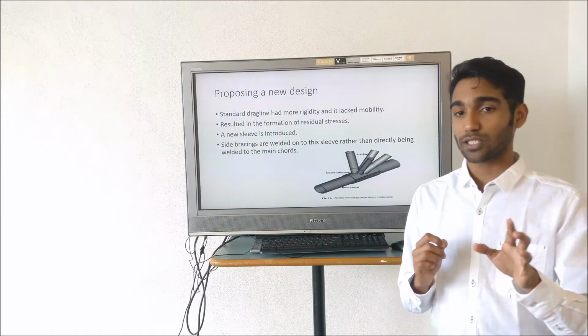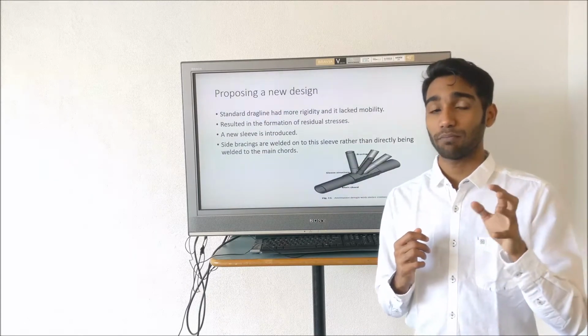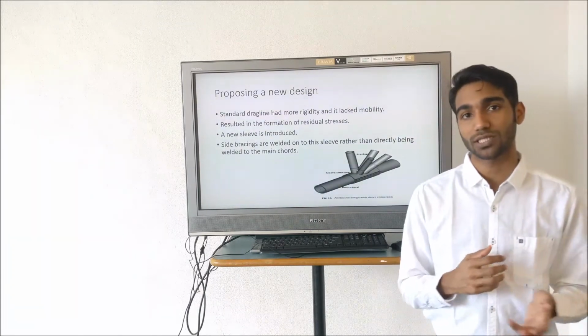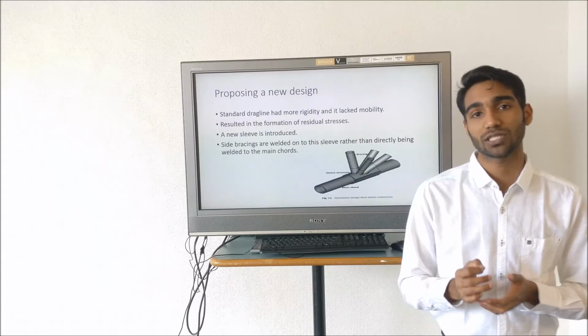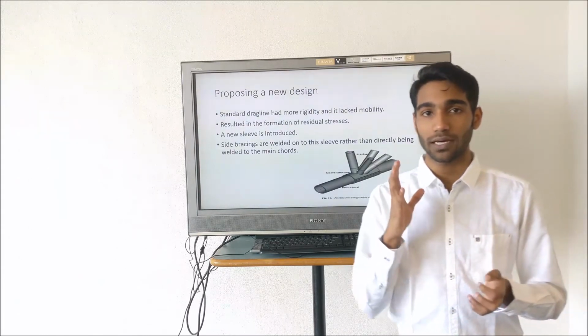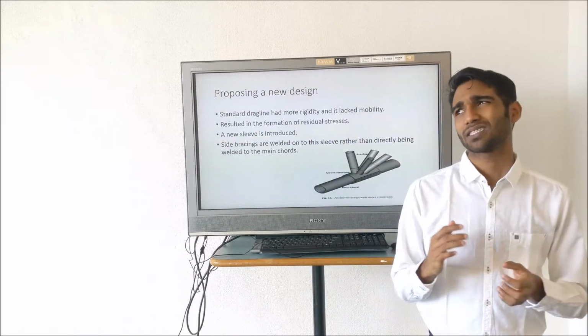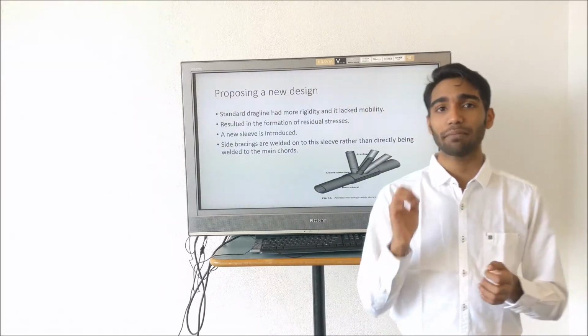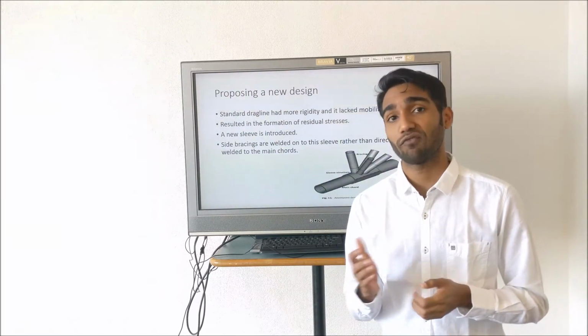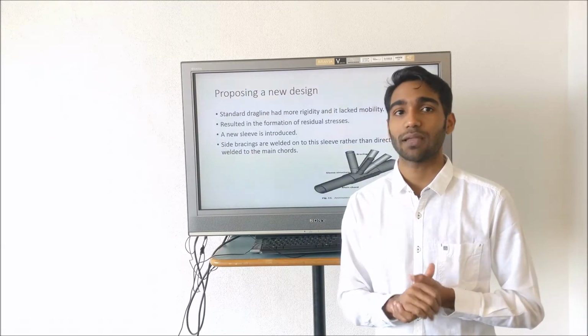So the introduction of the sleeve imparts the much required mobility to the system, and also reduces the rigidity of the entire structure. Thereby the formation of residual stress is not eliminated, but it can be minimized, and premature failure of all the components can be avoided.